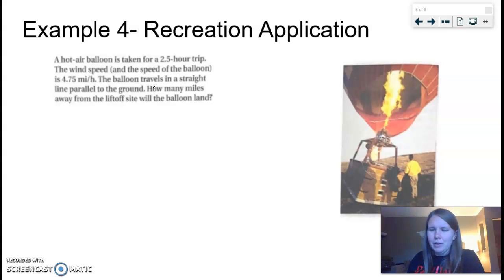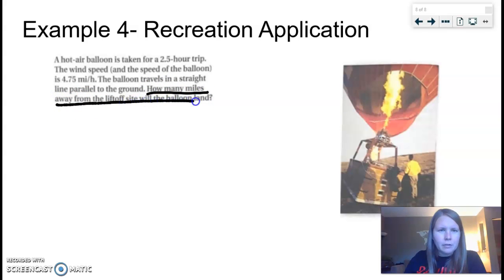Oh, so this one, we have to think about what we need to do with our numbers. Here's our actual question: how many miles away from the liftoff site will the balloon land? So I'm underlining my problem. Let's think about our operation. I think this is probably where your clue is: miles per hour, and we were given hours.